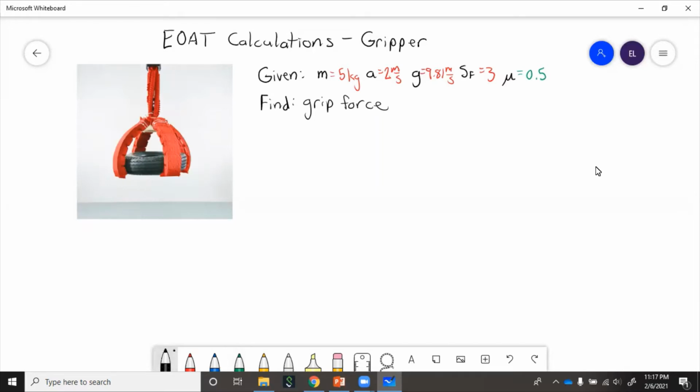So, the procedure for this. First step is draw a free body diagram. Next, calculate friction force. Then calculate the grip force, including the safety factor.